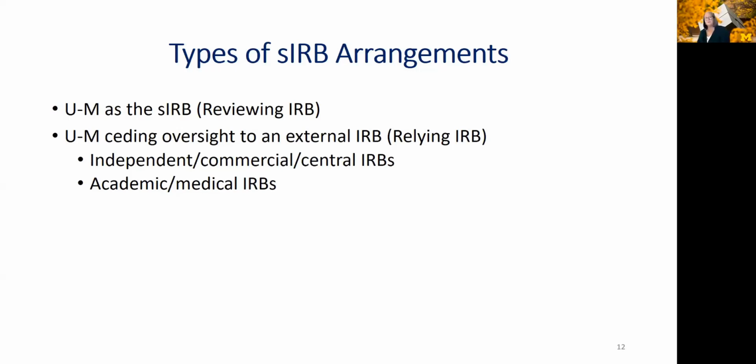And there are two entities that we would typically rely on. One is an independent, also known as a commercial IRB, or there are also, for example, NIH has a central IRB, or National Cancer Institute, I should say. And then the other arrangements are with other academic institutions or other medical IRBs. And so there are a number of different considerations associated with these arrangements.